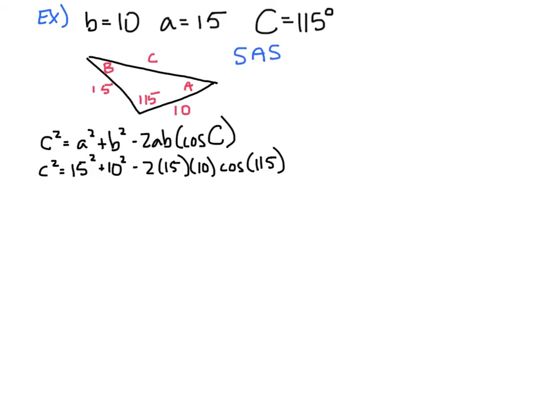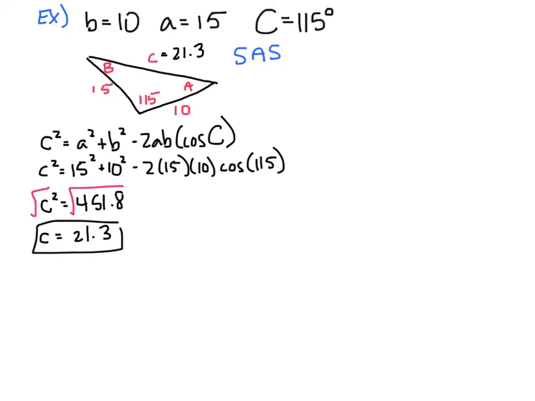Okay, so after just plugging in that entire side, we have C squared is equal to about 451.8. So if I'm actually solving for side C, I'm going to have to take the square root of both sides, and I see C is equal to 21.3.